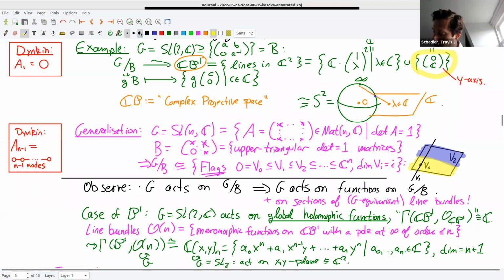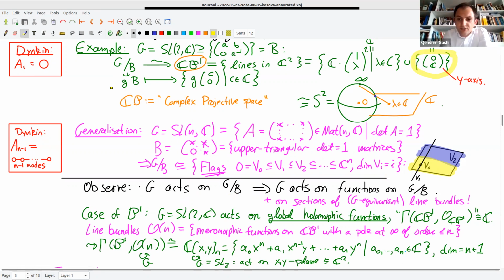Okay, so we observe here that G acts on this G mod B by just translating. What kind of translation? Multiplying on the left by a g gives you from one coset to another. And this is a transitive action, you can get from any coset to any other. Can I ask you, so these are vector spaces, right, of dimension?